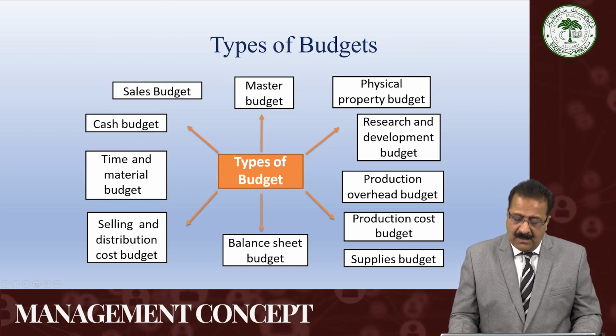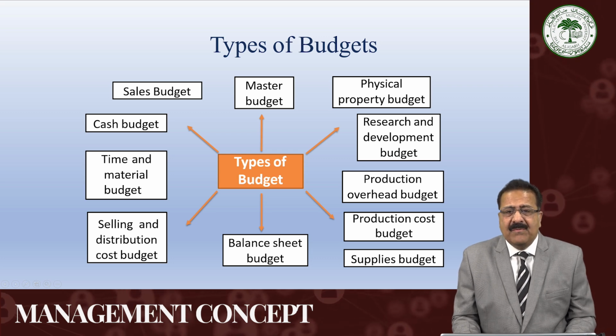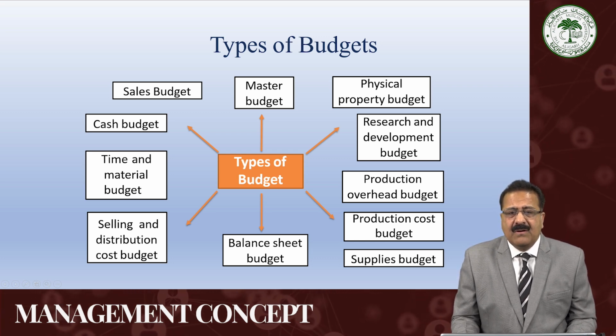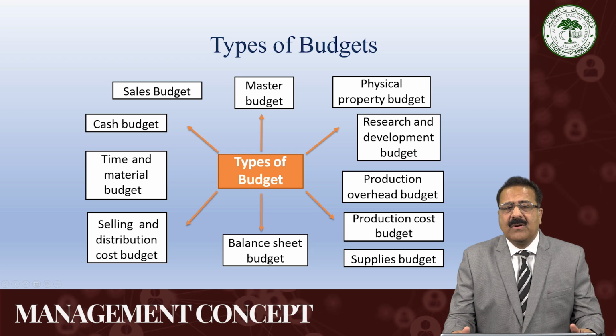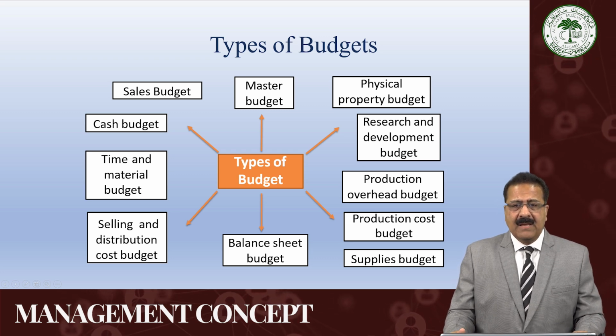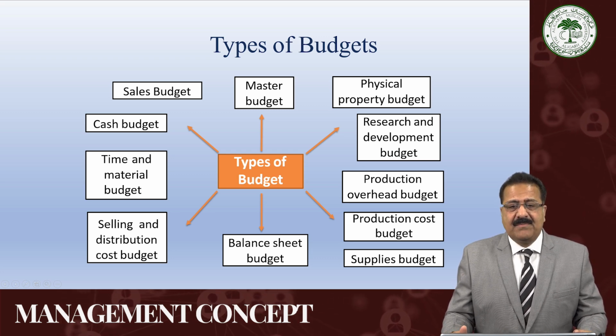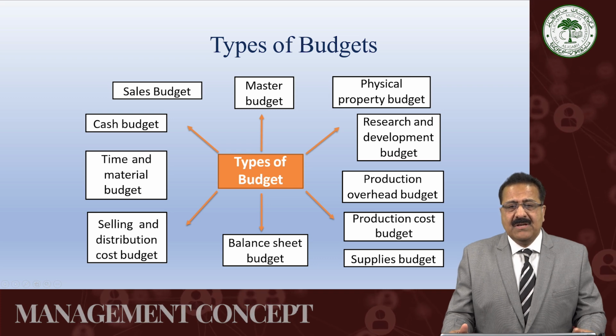Friends, now, after having a look at this discussion about budgetary control, we are going to become more specific and see the different types of budgets which are prepared by organizations.